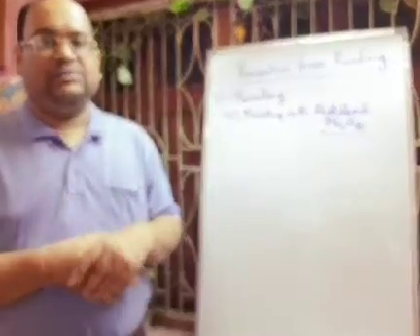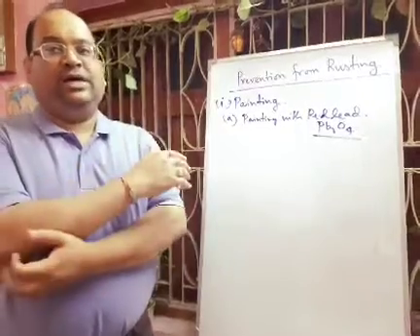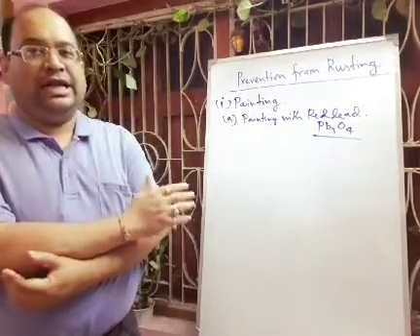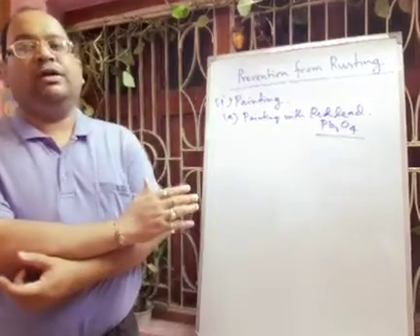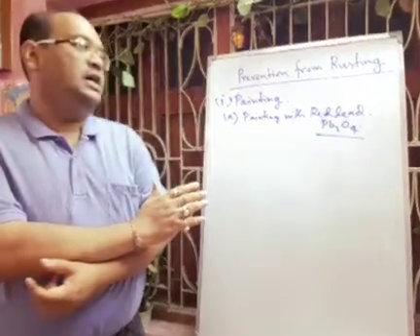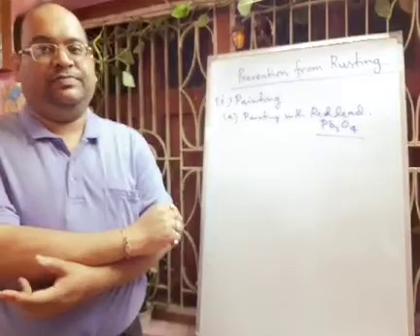Even bridges use this red lead coating. And what is the function? Red lead coating will prevent the iron surface from coming in contact with air and moisture.